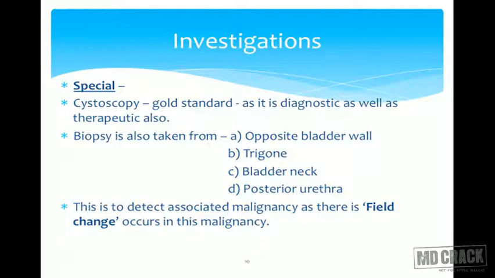Due to this field change, it is not just one area in the bladder that is under tumor invasion, but patchy involvement of various portions of the urothelium simultaneously is evident and has been shown microscopically. This is what we call a field change.